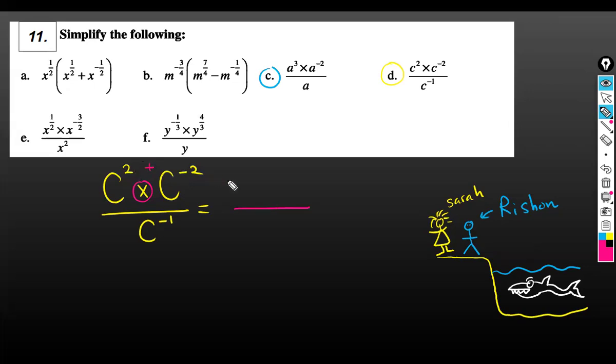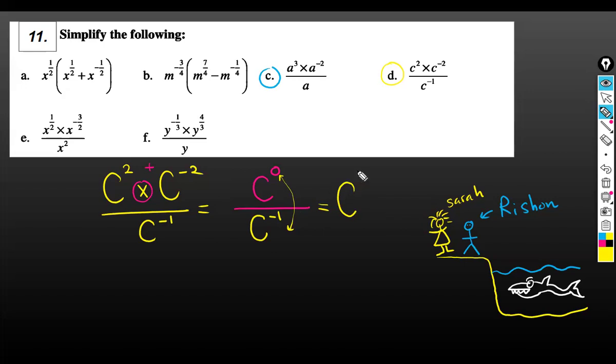So you're going to end up with 2 minus 2. So you get c to the power 0. You can leave it as that for the time being. Leave it as c to the power 0 on top. But underneath, you have c to the power minus 1. Divide means you can minus the power. So let me do this in slow motion here.